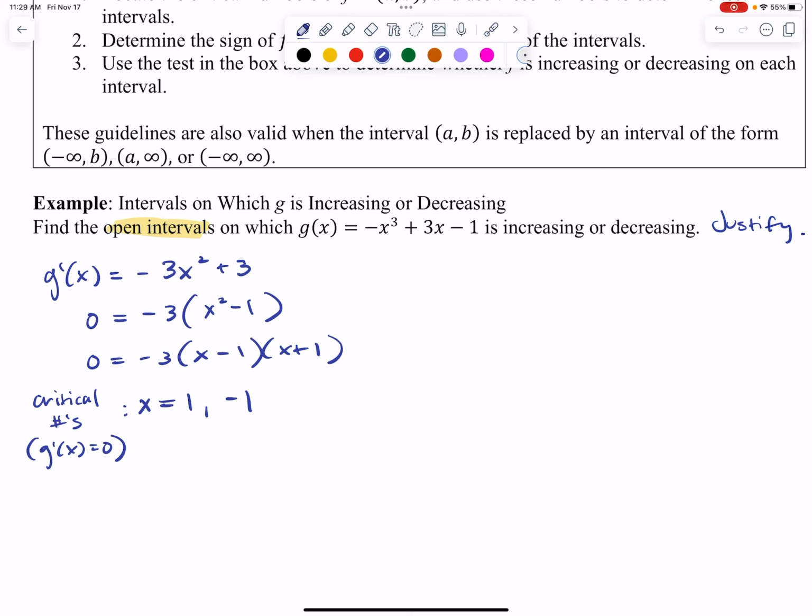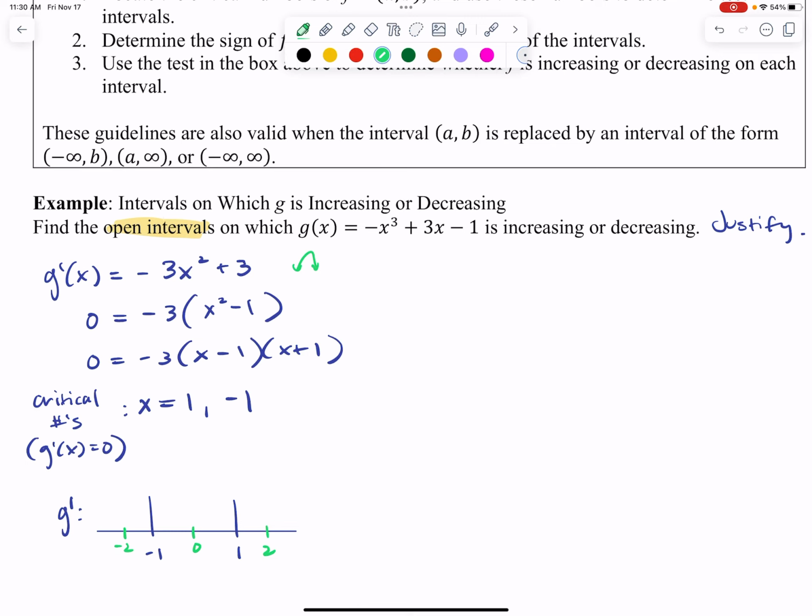So we're going to take those critical numbers and put them onto an analysis line for g prime. Okay, so put the critical numbers in order. And then thinking about using test values, like we could use -2, 0, 2, and plugging those test values into the derivative. Now I know that g prime is a parabola that opens down. I know -1 and 1 are the x-intercepts.